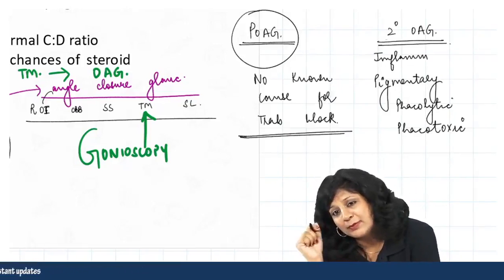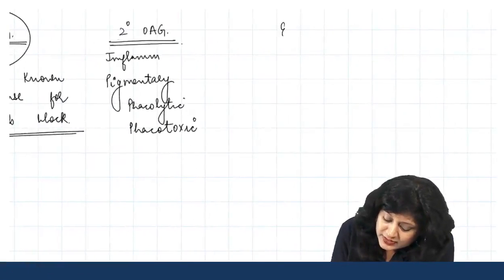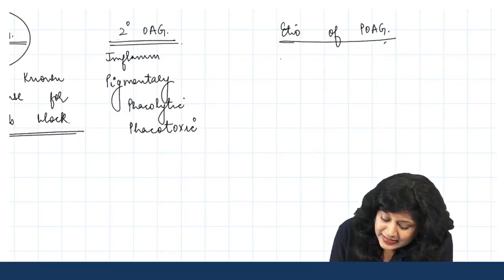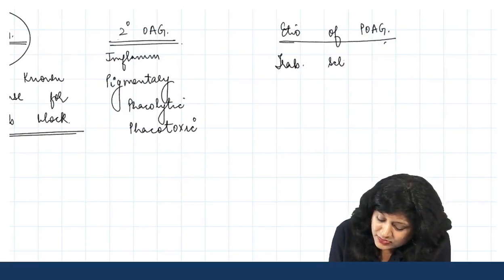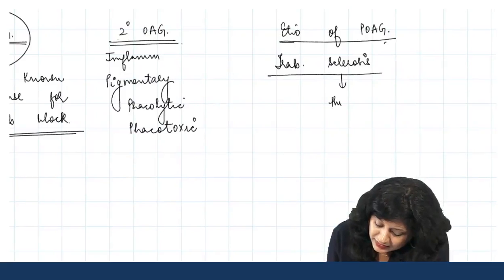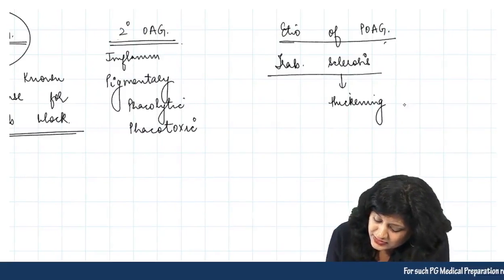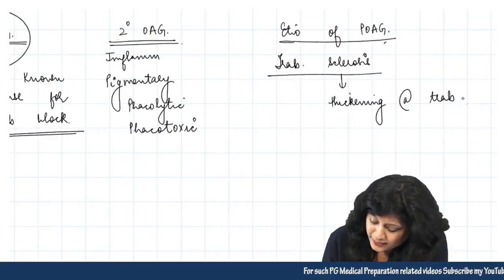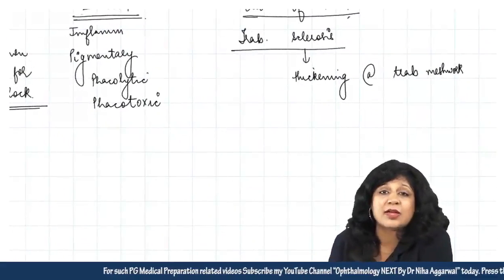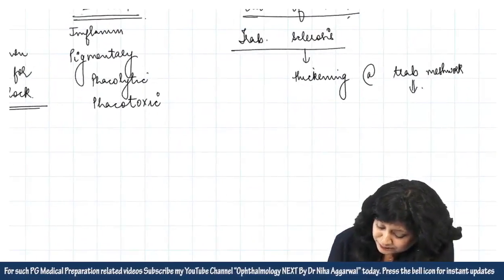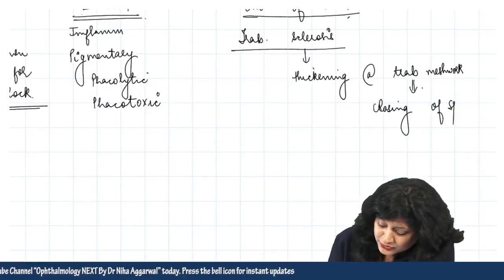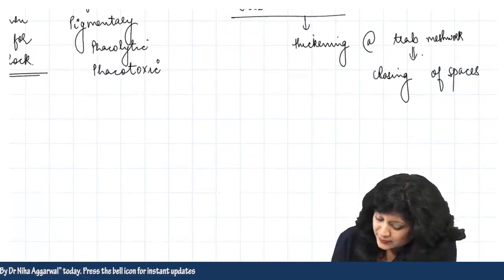Then the third important thing is what is actually the main problem that you are getting in cases of open angle glaucoma. What you are getting is actually the trabecular sclerosis and not the blockade. So we are getting the trabecular sclerosis, that is the thickening, which is seen at the level of the trabecular meshwork, and due to this thickening there will be closing of the trabecular spaces, and due to the closing of these spaces, there will be decrease in the aqueous outflow.